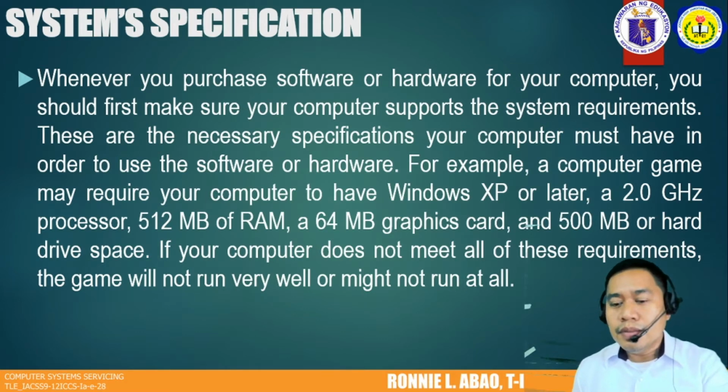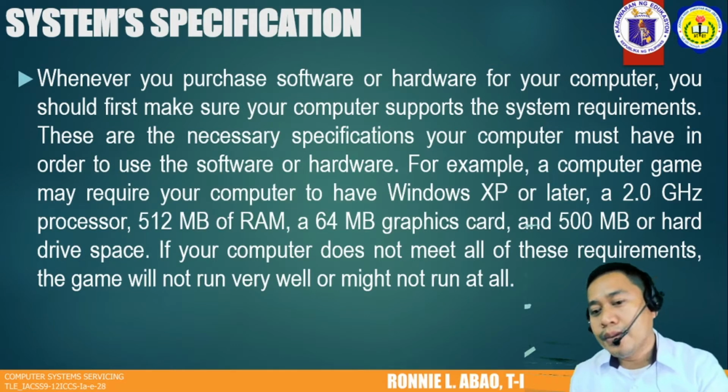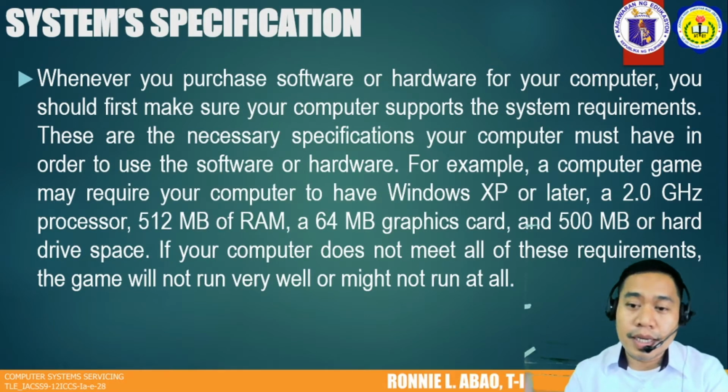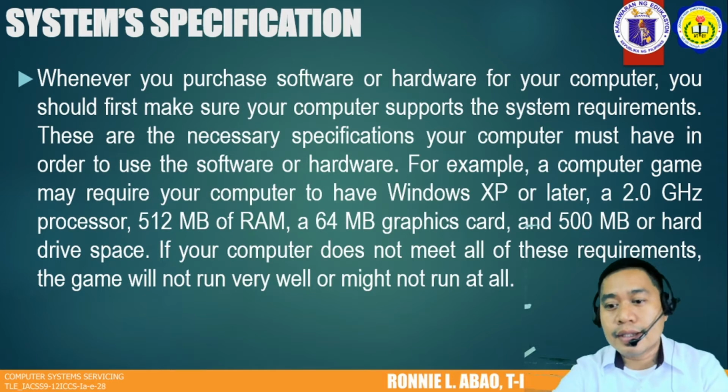For example, a computer game may require your computer to have Windows XP or later, a 2.0 GHz processor, 512 megabytes of RAM or memory, a 64 MB graphics card, and 500 MB of drive space.